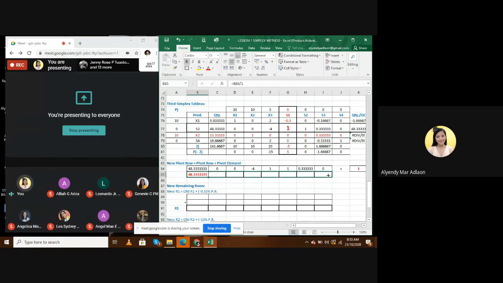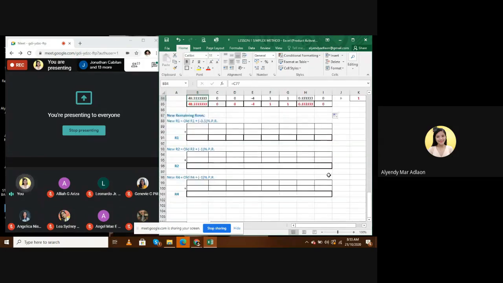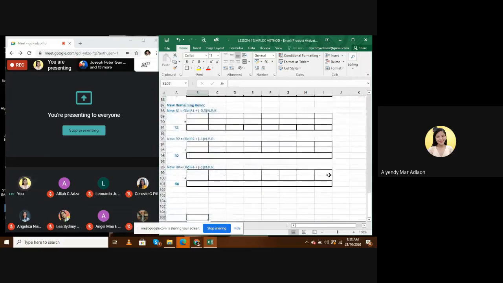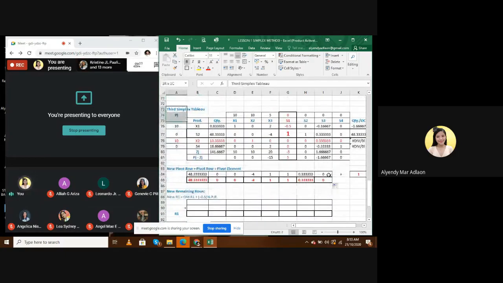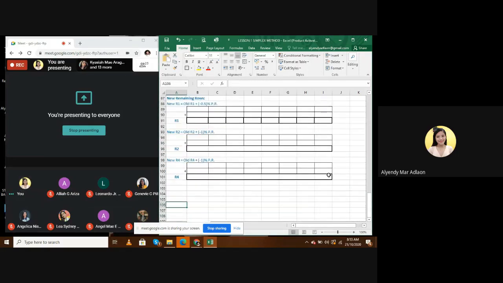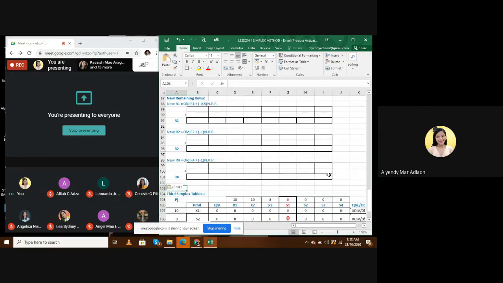Hindi na kinahanglan i-compute. You simply copy. That is now our new pivot row. So, for the new pivot row, wala pa ako nakabuhat og daan nga column. So, ako lang ni siyang i-copy paste for the fourth simplex tableau. Okay, this is now the fourth simplex tableau.